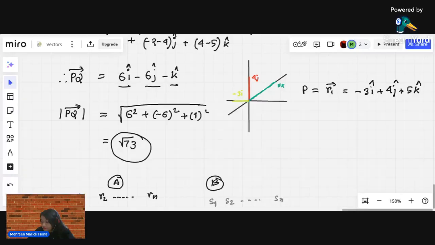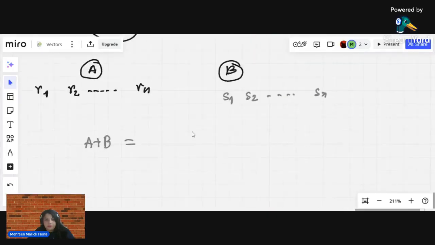So let's say we want to add A plus B. The value would be something like R1 plus S1, plus... not plus here, that is the mistake most of us make.